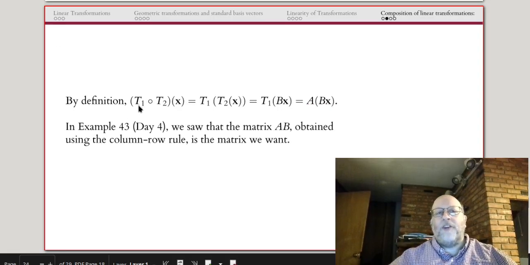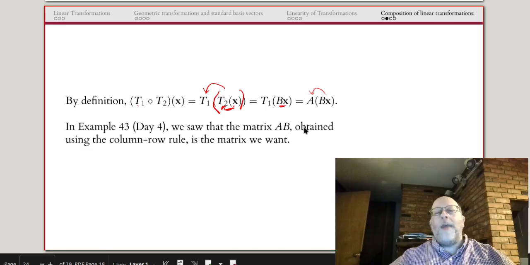Well, by definition, T1 composed with T2 of X is we plug X into T2 first, and then we take the answer to that and plug the answer into T1. That's how composition works. But the answer to T2 of X is B times X. And the answer to T1 is to multiply that by A.